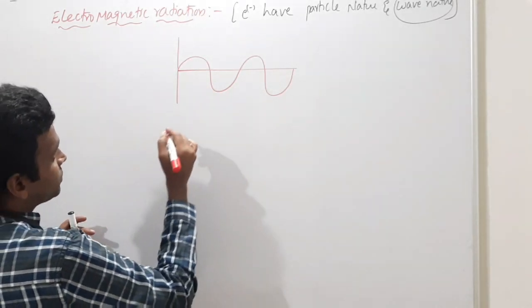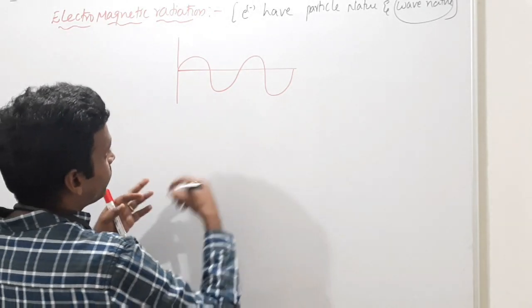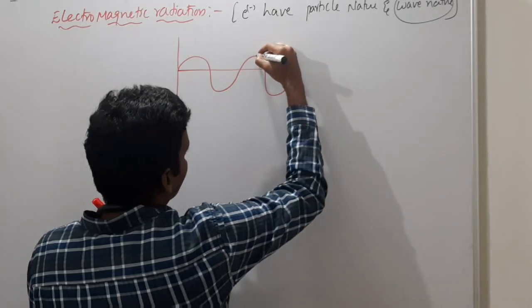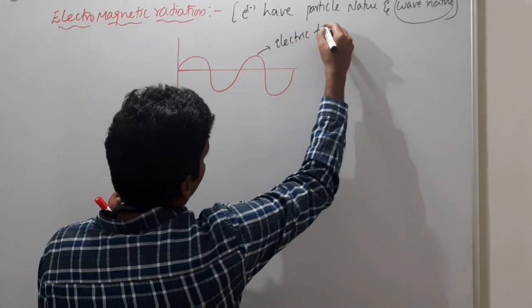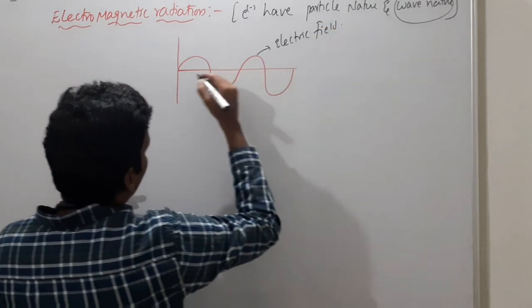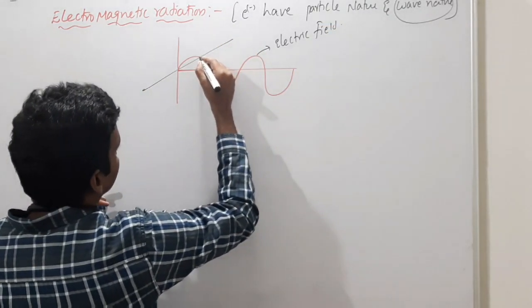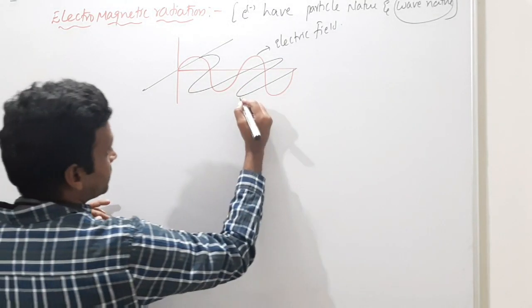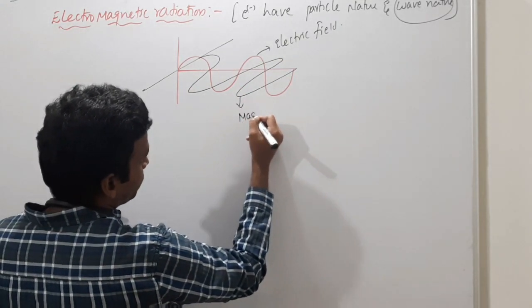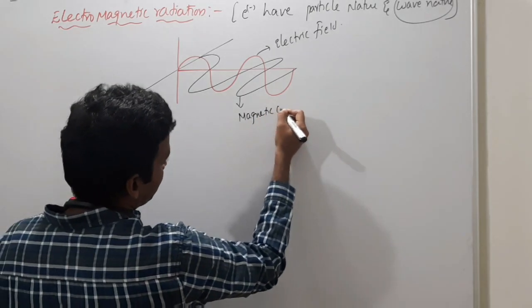Suppose this wave was created in the presence of an electric field. This is due to the electric field. And if you use a magnetic field, it will come like this. This is a wave due to the magnetic field.